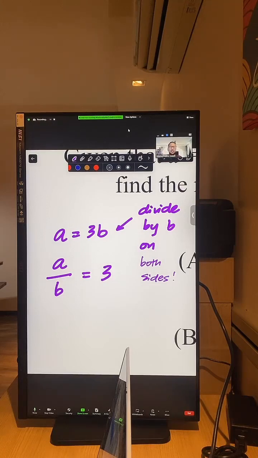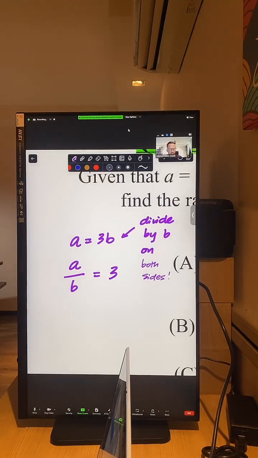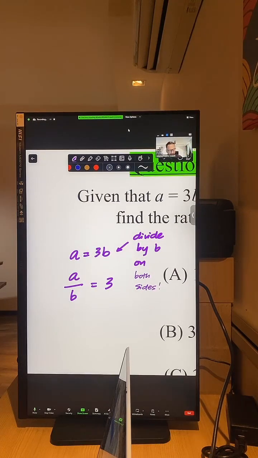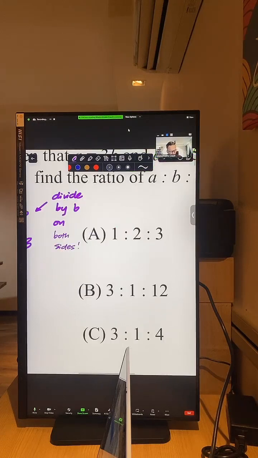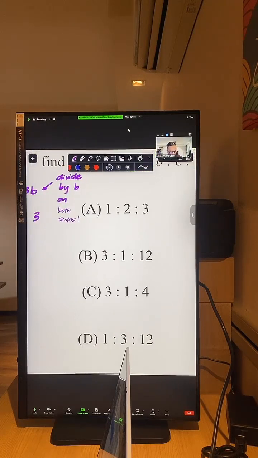So what does that tell you? It tells you that actually A is 3 times B. It's not that B is 3 times A, it's A 3 times B. So immediately you would know this is out, this is out. So we can't have D and we cannot have A. It's either B or C here.